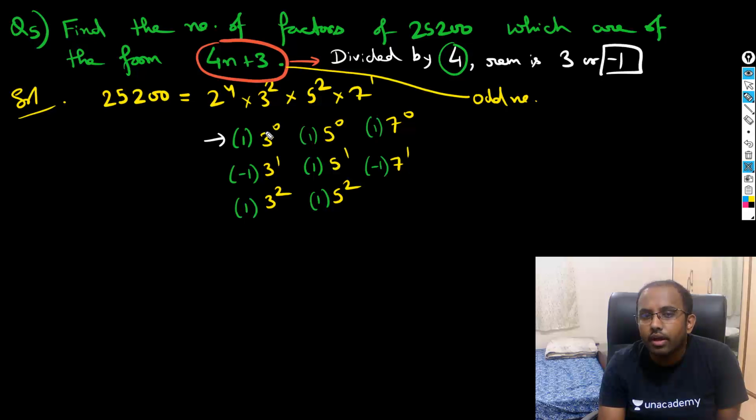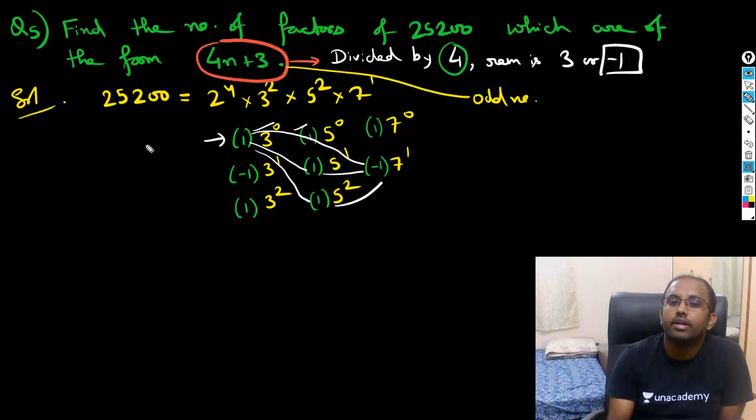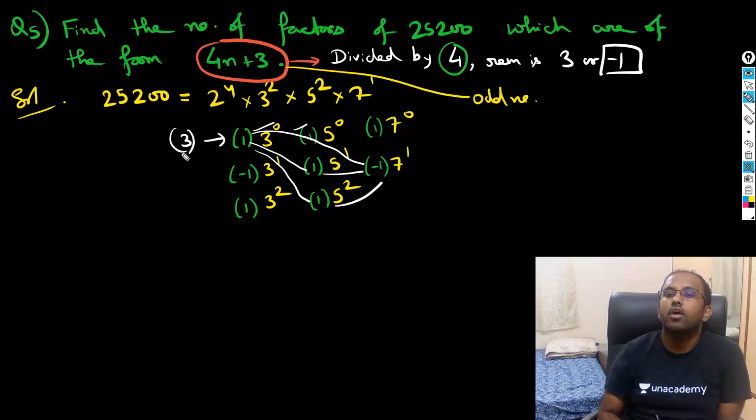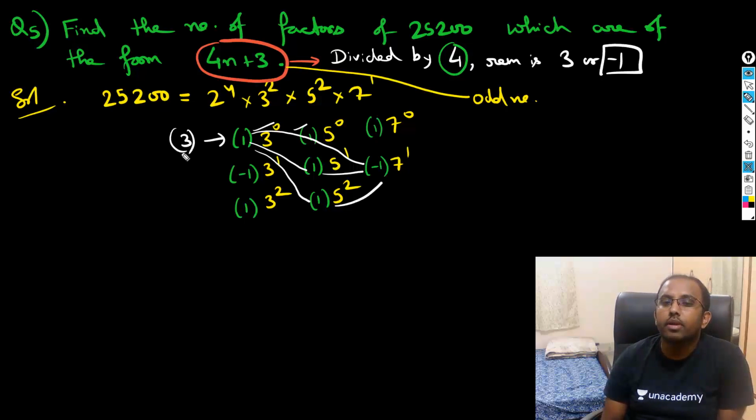Like 1 into 1 into 1, basically like 1 into 1 into -1, then 1 into 1 into -1 and 1 into 1 into -1. I can go in 3 ways, right? So with this 3 raised to 0, I can form 3 factors which on dividing by 4 will give me a remainder of 3 or -1.